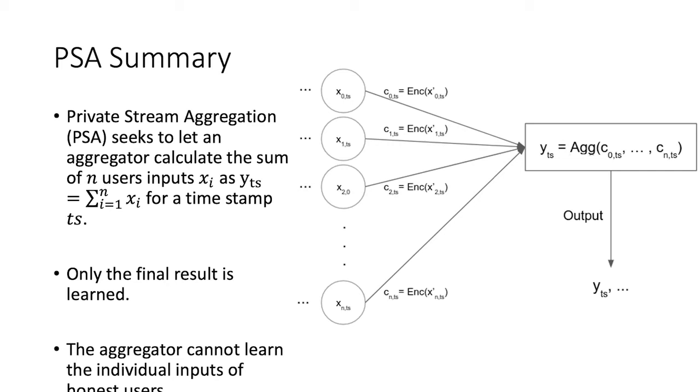All of the users, as you see in the diagram, encrypt their private input x using some encryption function in a special manner such that when all of these ciphertexts are sent to some aggregator, the aggregator can sum all of the ciphertexts such that the plaintext sum is recovered, but the aggregator is not able to learn the individual input of an honest user. They only learn the final result sum.